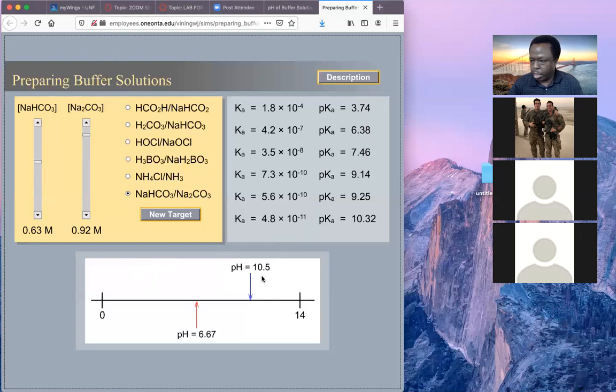So 10.57, let's say 10.6. We're going to adjust that to 10.6. Yeah, 10.6. I couldn't get 10.57. It's only to 1 place of decimal, so all of them should have a targeted pH to 1 place of decimal. I'll change that and do that.